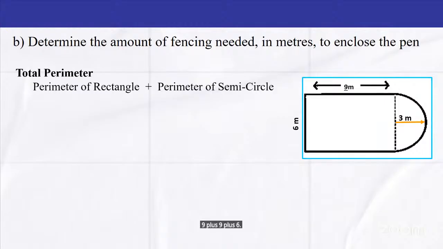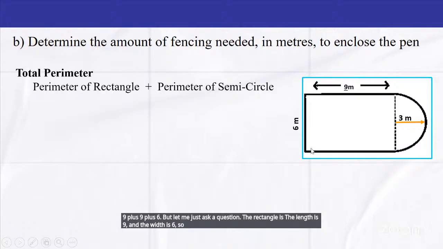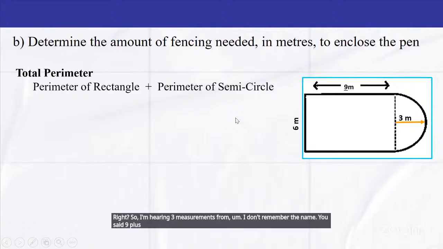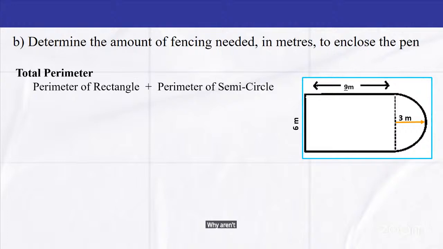But let me just ask a question. The rectangle's length is 9 and the width is 6. So it has 2 lengths and 2 widths, right? I'm hearing 3 measurements. You said 9 plus 9 plus 6. What happened to the other 6? Why aren't you adding the other 6?